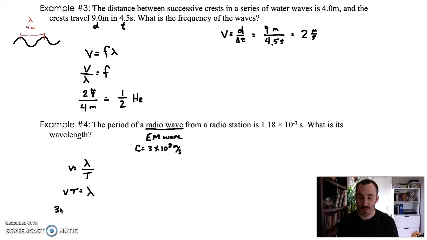And our speed is 3 times 10 to the 8 meters per second. Our period is 1.18 times 10 to the negative 3 seconds. That gives us the wavelength. And when you calculate that, you get 3.54 times 10 to the 5 meters.